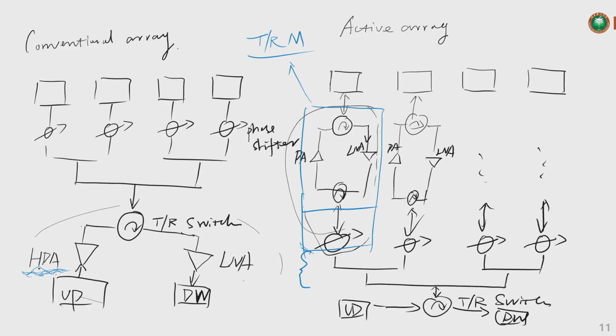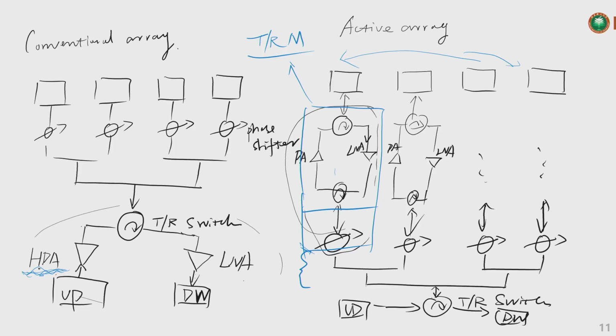Another thing is that for the high power amplifier, when we want to achieve the same total power by adding up each element, the synchronization for each element would be a little more difficult, because each of them is separate. So this is the advantage for the active arrays.